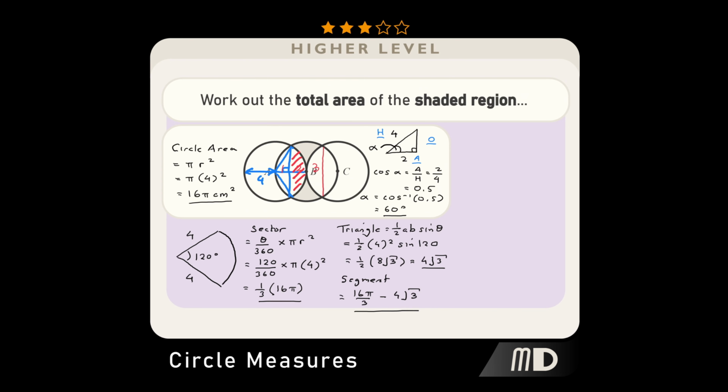The area of the circle is 16 pi, and the area of the segment is 16 thirds of pi minus 4 root 3. And so, the shaded area is equal to 16 pi minus 4 multiplied by 16 thirds of pi minus 4 root 3.